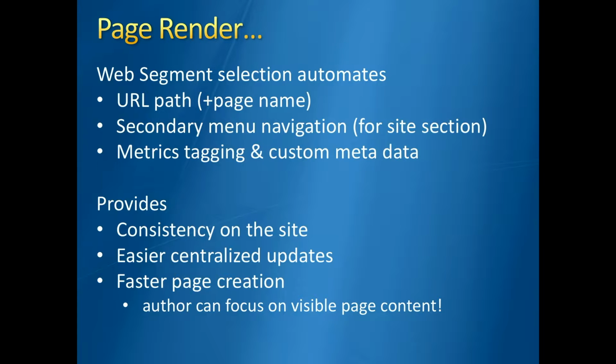The menu is consistent for that whole web segment section of the site, and we get consistent custom metadata and tagging, whatever you need for that part. So it provides consistency and easier centralized updates. If I need to change the meta tagging for a whole section of the site, I go into the web segment, change that metadata, and then all of the pages inherit that.